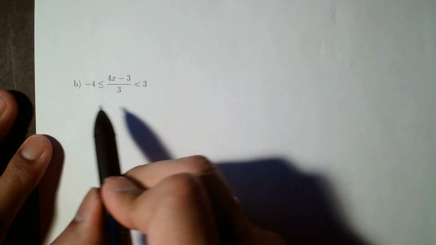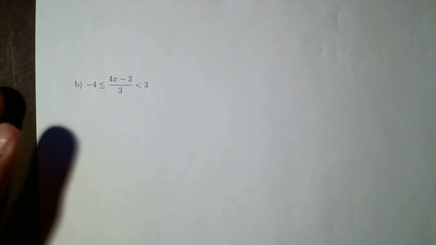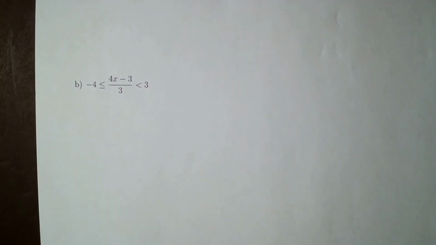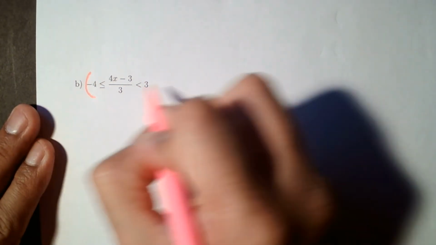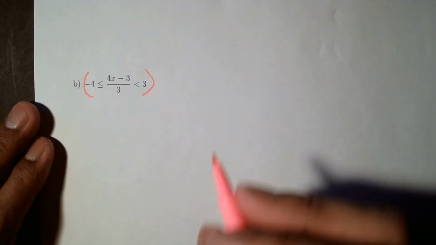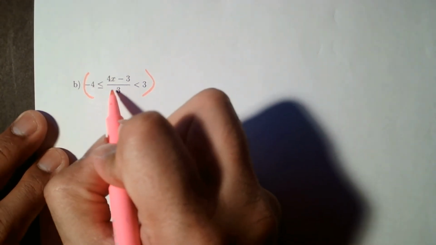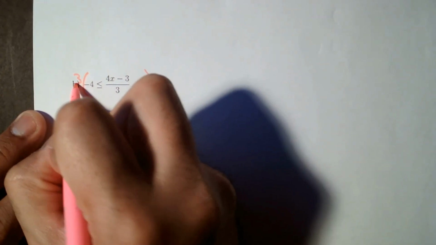Let's do another example. This one contains fractions, and what you might want to do first is get rid of those denominators. How do we do that? By multiplying the three sides of the inequality by the LCD, in this case, multiply by 3.